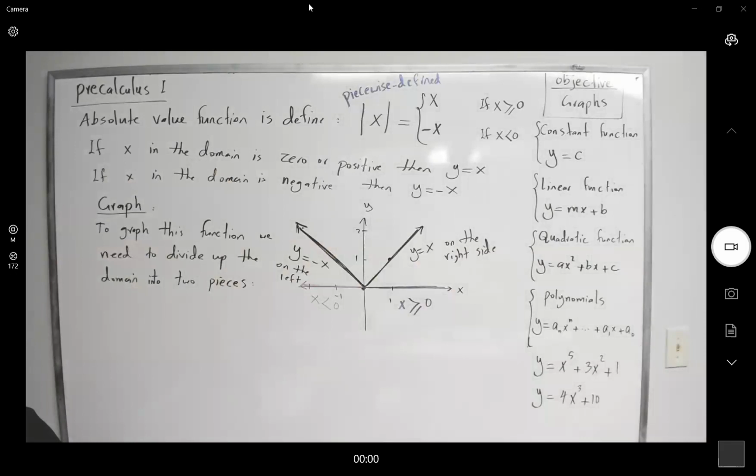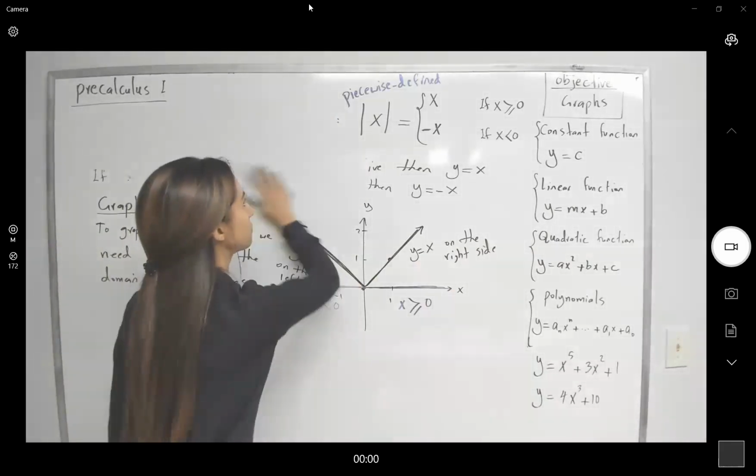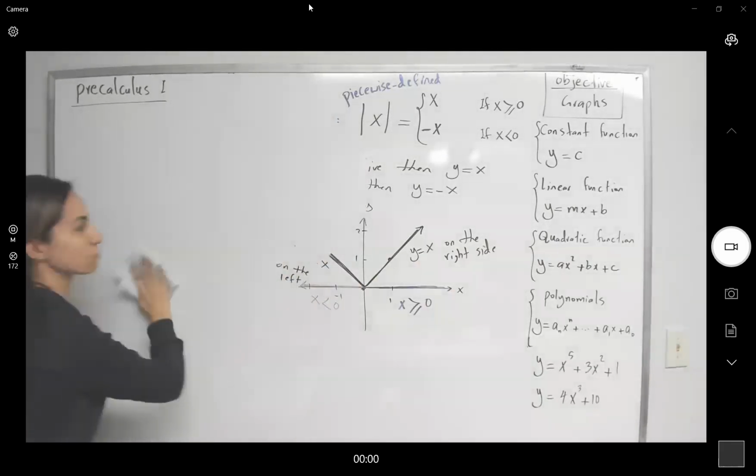One more example about your absolute value. So suppose I ask you to sketch the graph of y equals the absolute value of x minus 1.